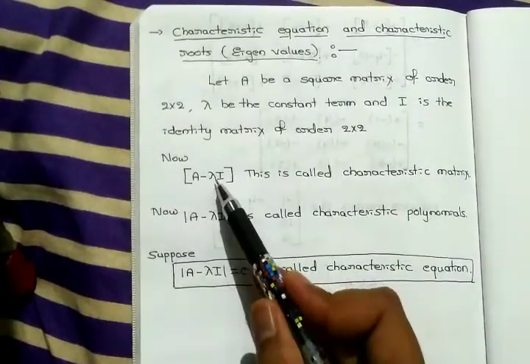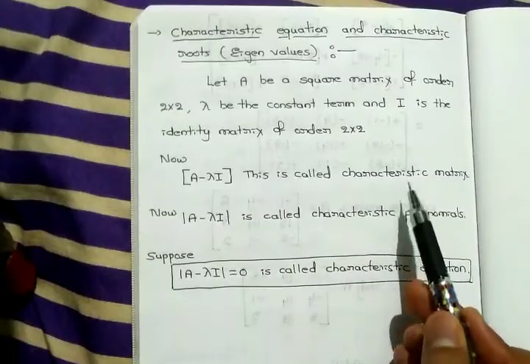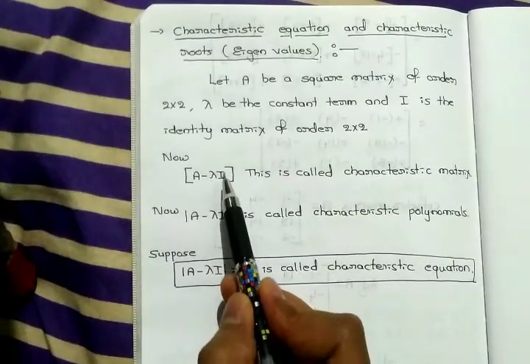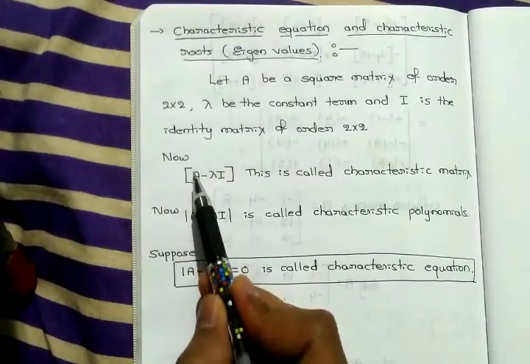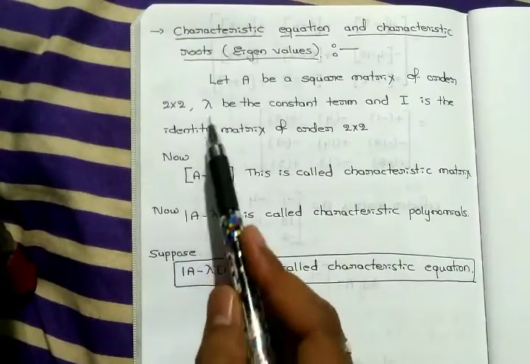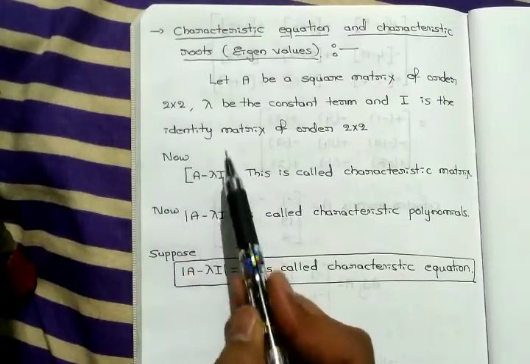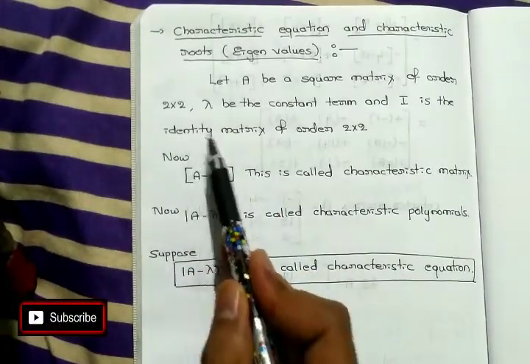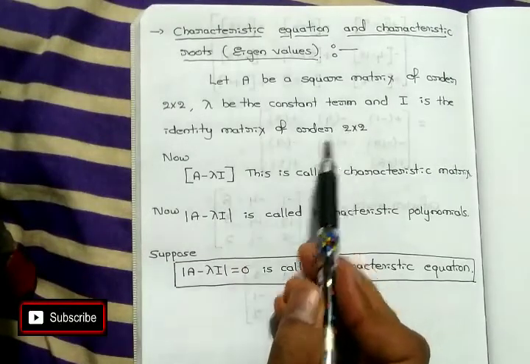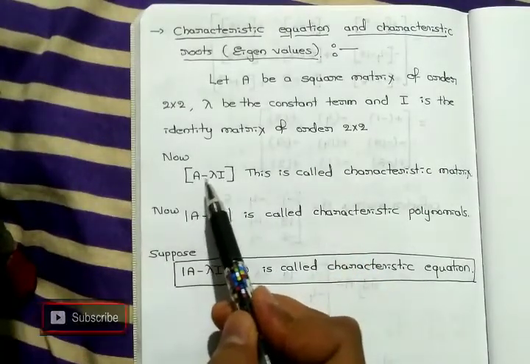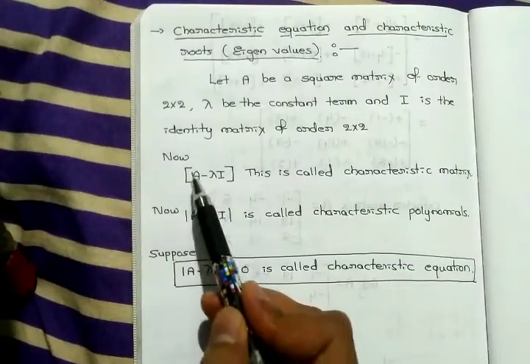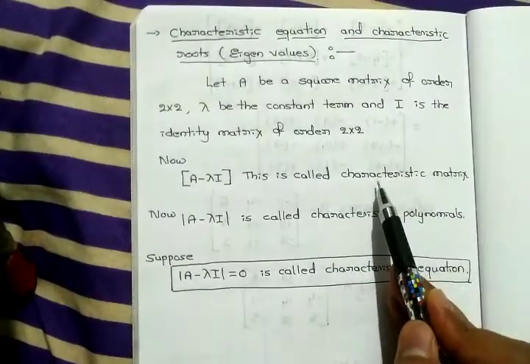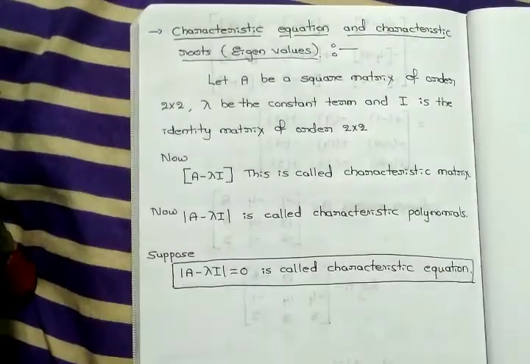When you subtract A minus lambda I, where A is a square matrix of order 2 cross 2, lambda is a constant term, and I is the identity matrix of order 2 cross 2, we get one matrix. That matrix is called the characteristic matrix.